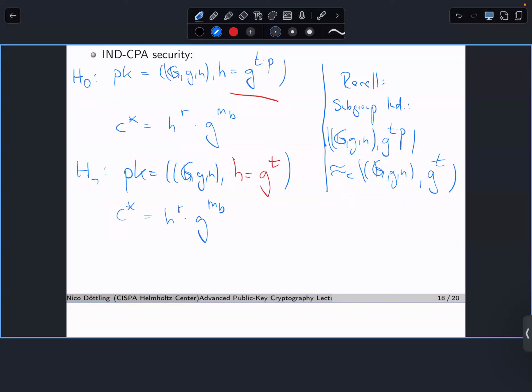Means an adversary who distinguishes H0 and H1 could immediately break the subgroup indistinguishability assumption.